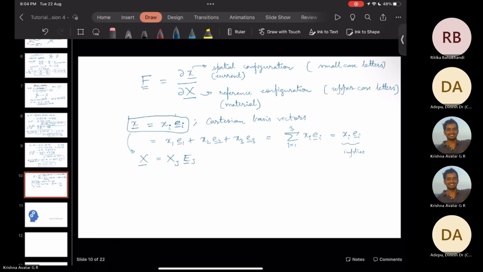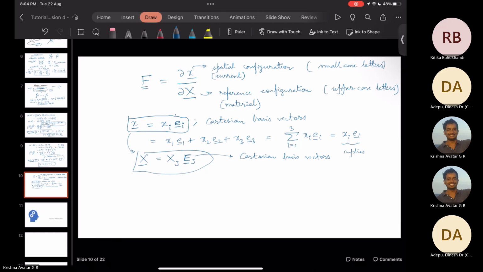This E is just a vector. Here again E is still the same Cartesian basis vectors, but for the sake of notation we prefer to refer to everything in terms of uppercase letters when we are defining terms which belong to the reference configuration.